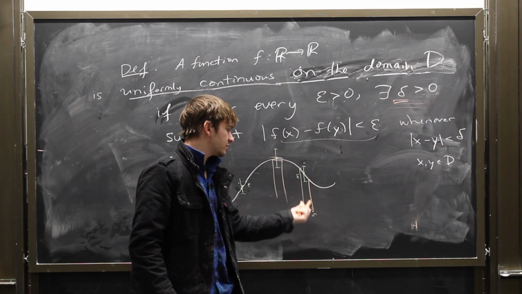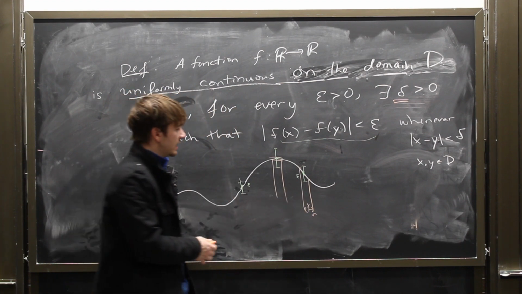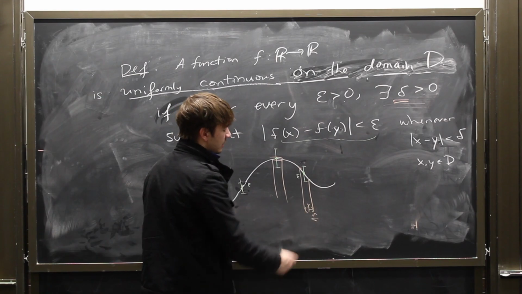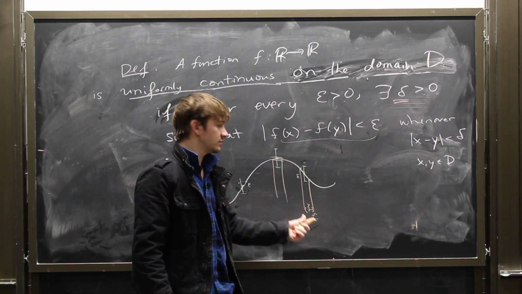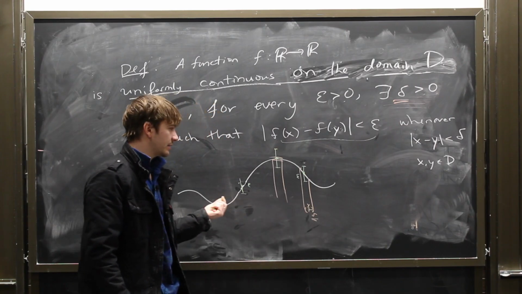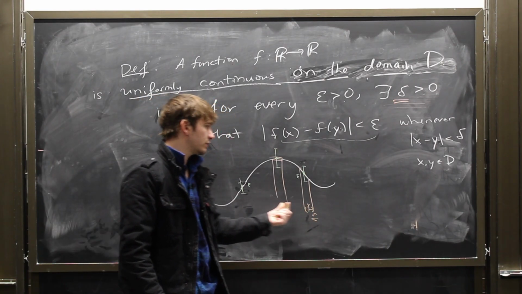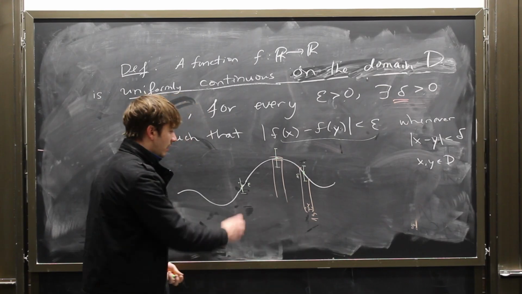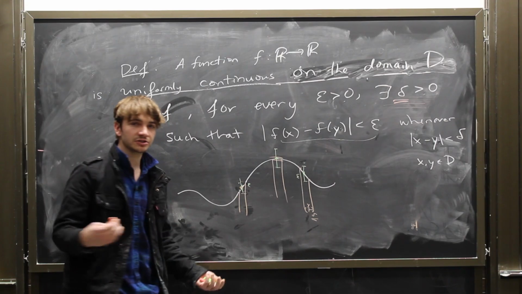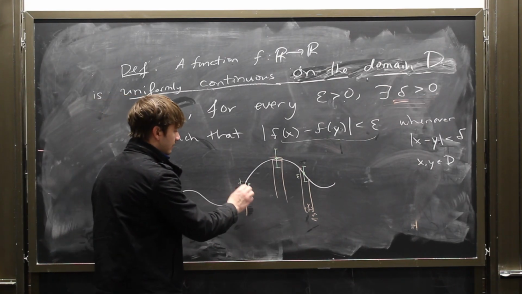And so if I look at the place where the function is the steepest, and I choose my delta to be the point-wise delta at the steepest point of the function, then I can move the point around that I'm considering, and this choice of delta will still work for every possible point because I've essentially accounted for the worst case, okay?